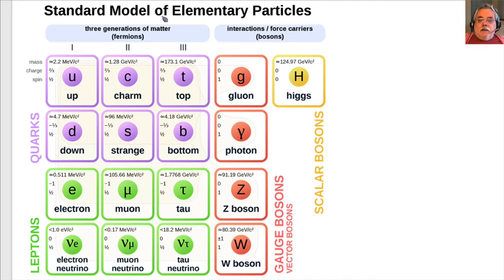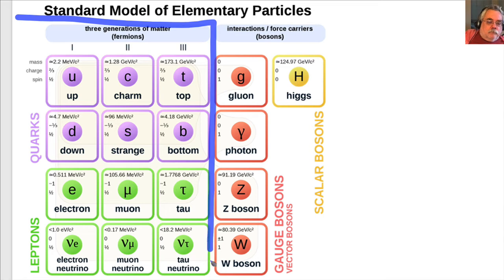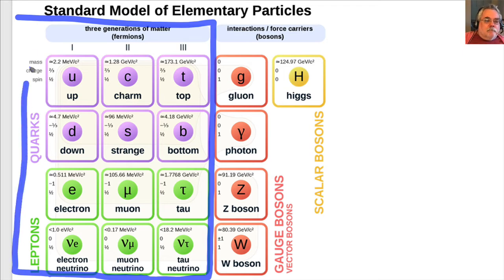The 3 columns to the left all have spin 1/2. Each of these is spin 1/2.